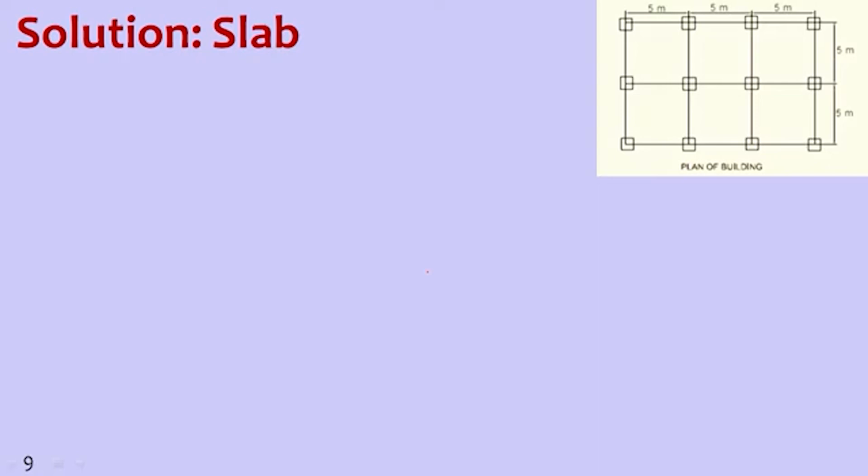Mass of slab is nothing but, for calculating any mass, we need to multiply the volume into density. Here we have 15 meter in x direction, 10 meter in y direction. So we will write it down, 15 multiply by 10 multiply by thickness of slab. So this is the volume.